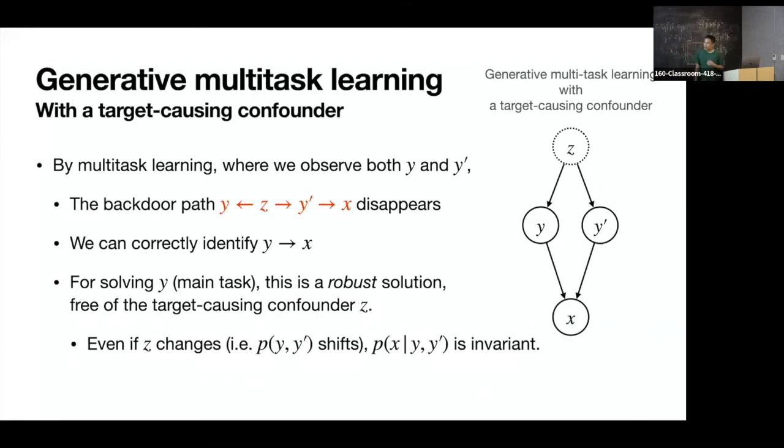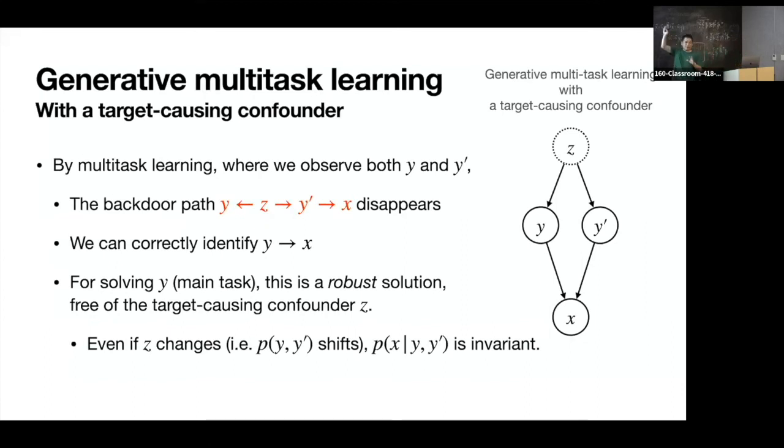And this leads to what we call a robust classifier, or the invariant classifier, which is invariant to the change in the value of this Z itself, that is, the unknown target-causing confounder. What does that mean?